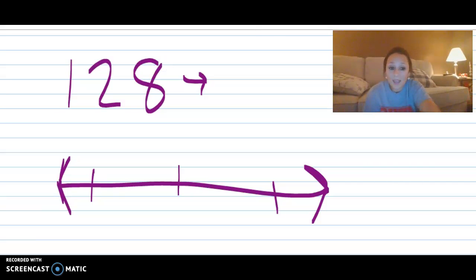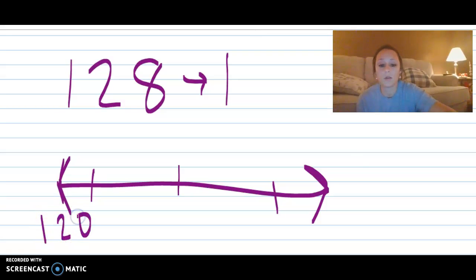Now, here's the thing. It's a 3-digit number. I know that when I round a 3-digit number and I'm rounding to the nearest 10, my hundreds place isn't going to change. My 1 in the 100 is going to stay the same. I have to decide, is 28 going to round to 120 or 130?